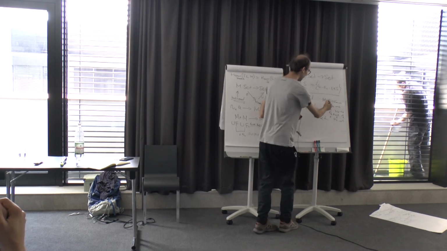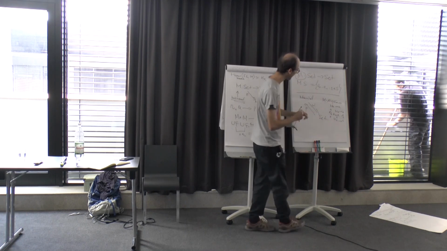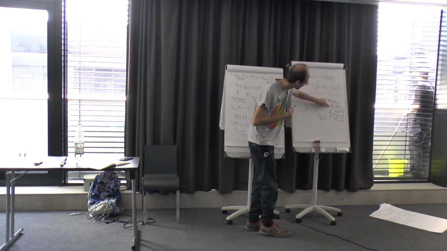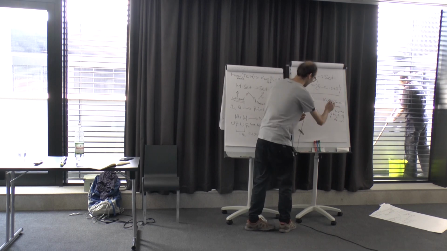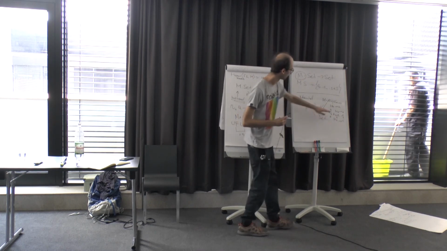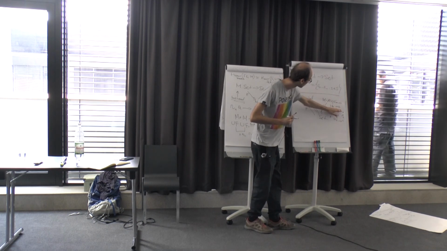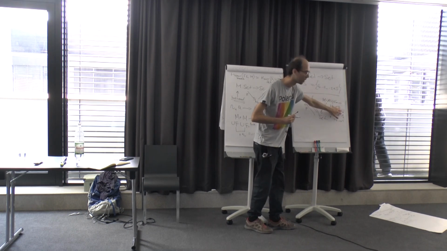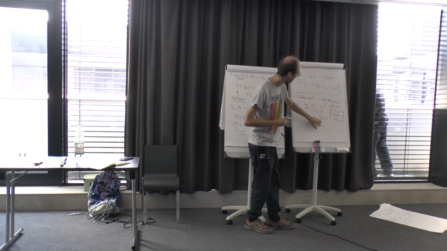And then again, we actually can forget that we have this algebra part. So we have a functor that forgets this morphism M of A to A. It just maps it to A.